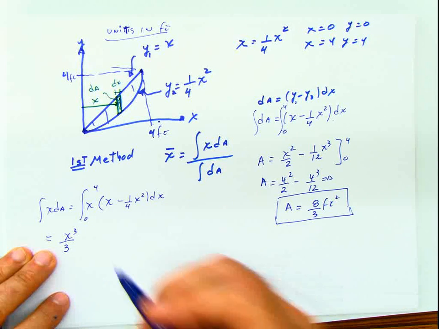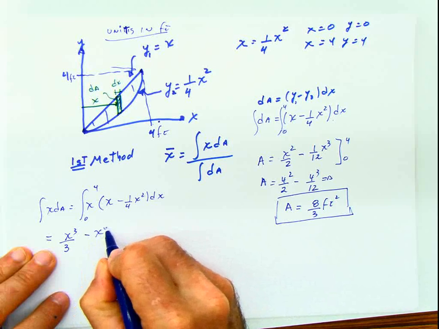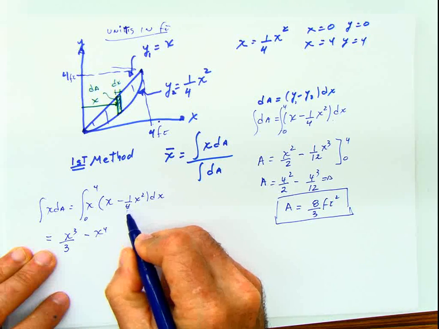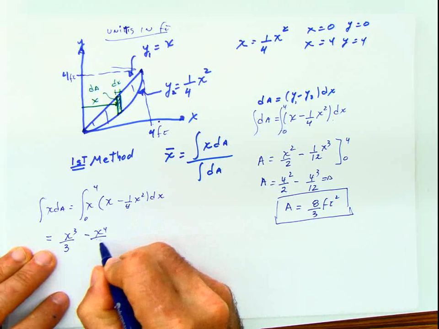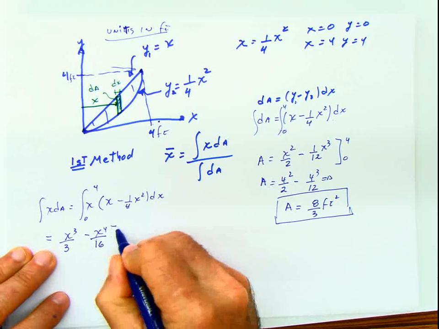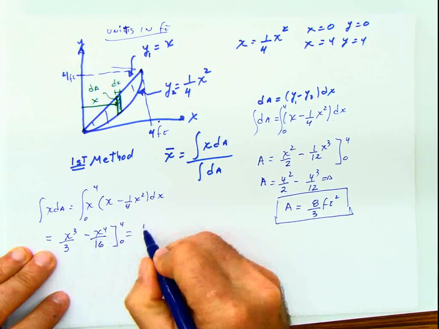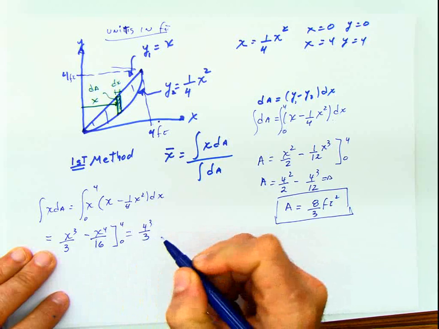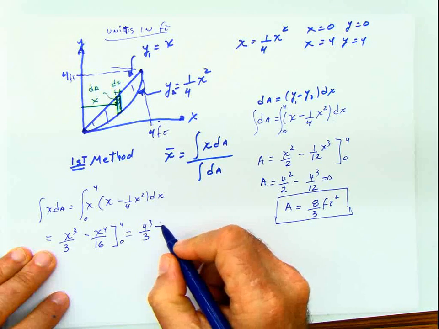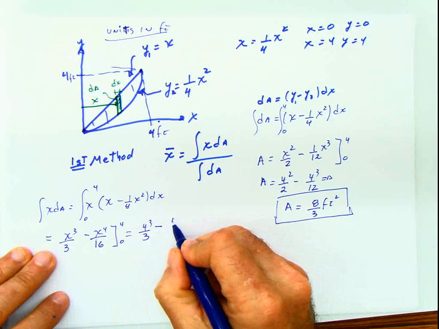When I do the integration, it's going to be x to the fourth divided by 4, but I have another 4 here, so it's going to be divided by 16, and this is going to be evaluated once again between 0 and 4, which is going to be 4 to the third divided by 3 minus 1/16 of 4 to the fourth.